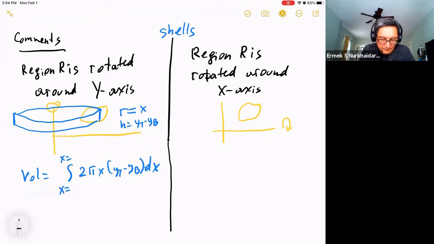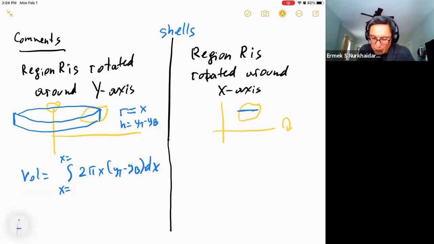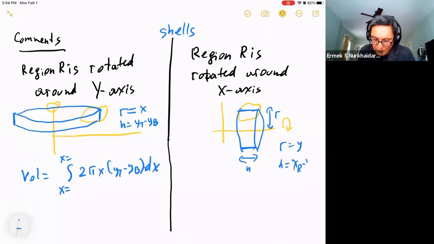For the second case, we draw a stripe parallel to the axis of rotation. You see that's H, that's R. So R equals y, H equals x right minus x left.